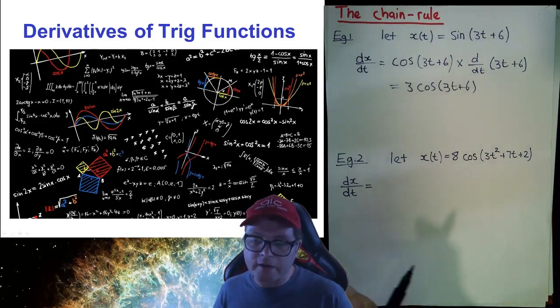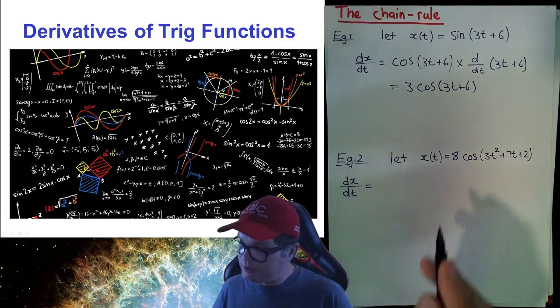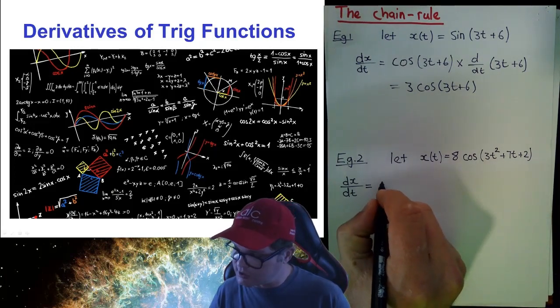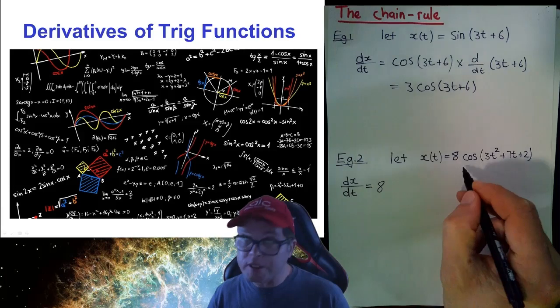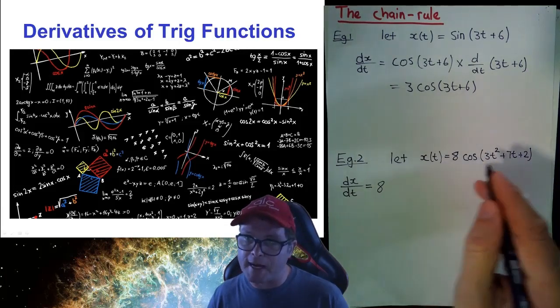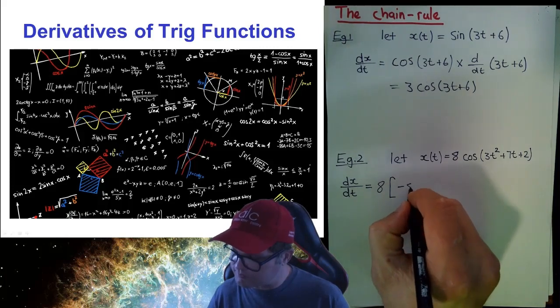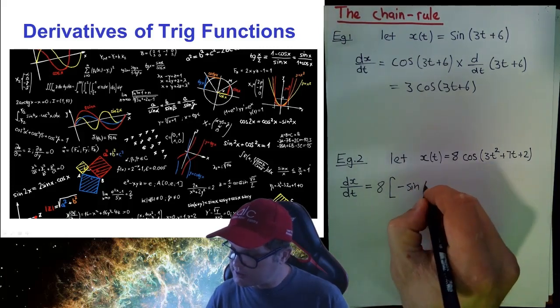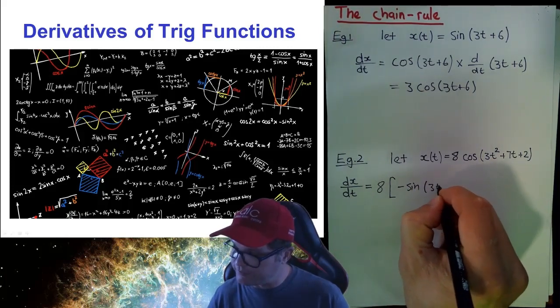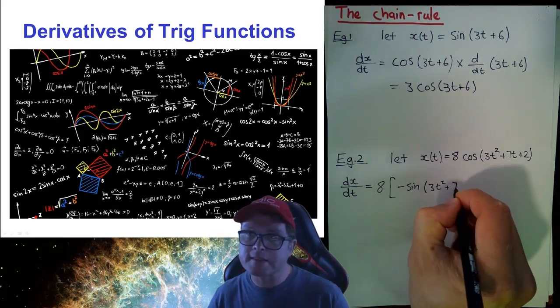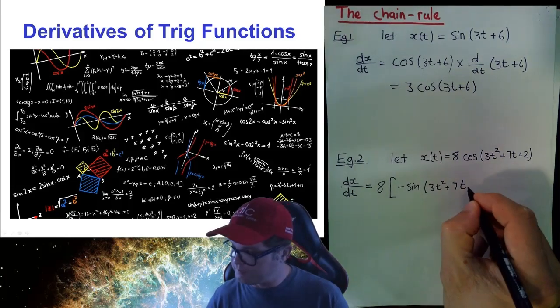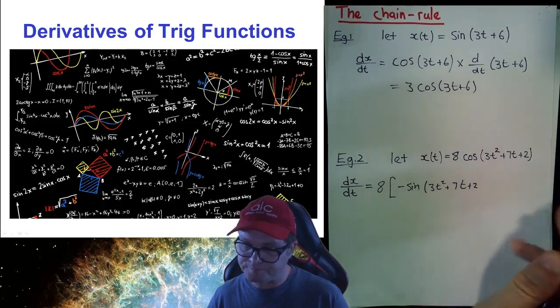Well, when we produce the solution, we should just treat the 8 as a constant, and then we should note that cos becomes minus sine. So this will be minus sine of 3t squared plus 7t plus 2.